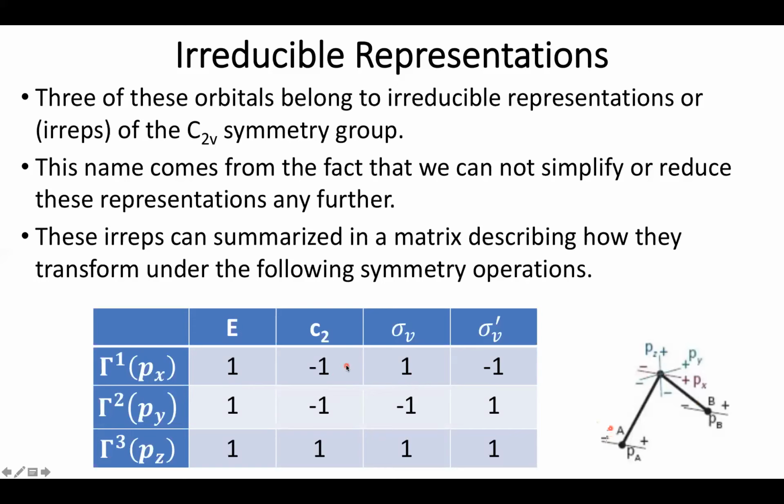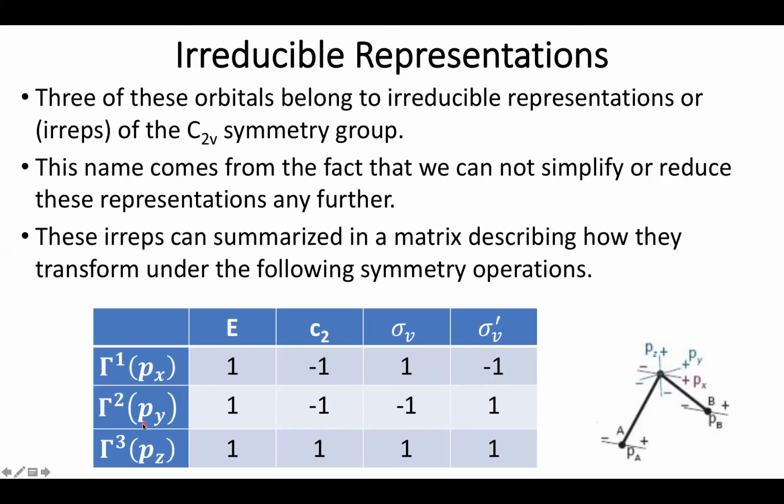So again, with these four numbers, I tell you exactly how it behaves if it's moved according to any of these symmetry elements, which is important because each of these symmetry elements can describe a certain type of perturbation that the molecule or orbital can experience.